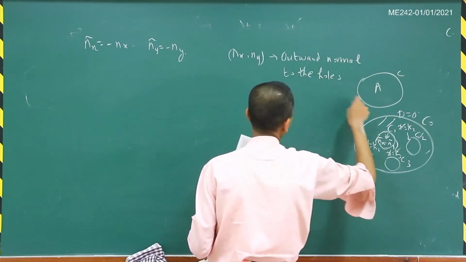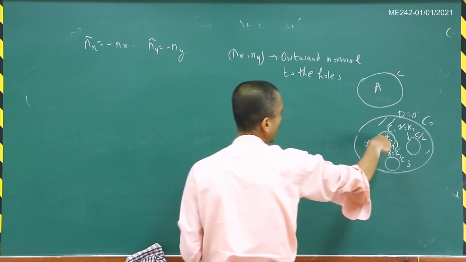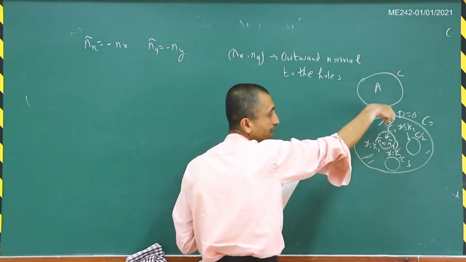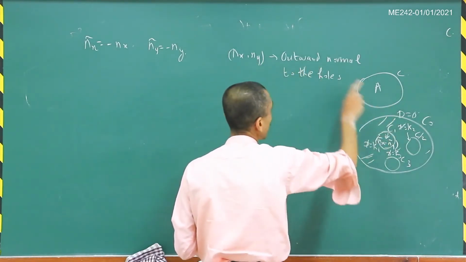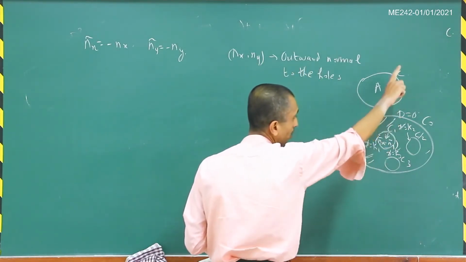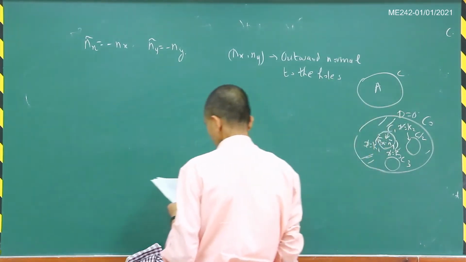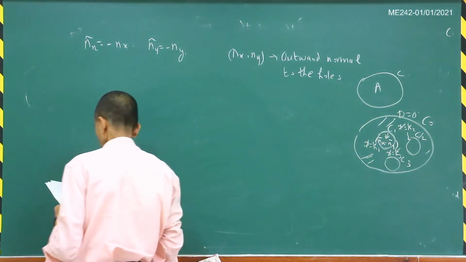So nx tilde and ny tilde are the components of the normal pointing inwards, and nx and ny are the components of the normal pointing outward for each of these holes. Fine.